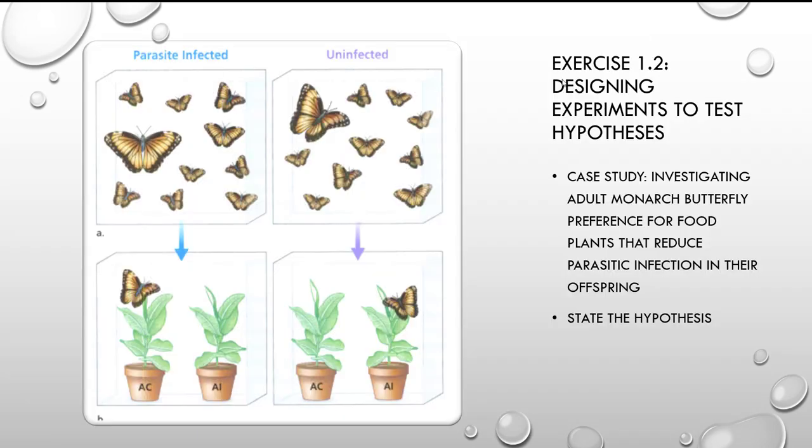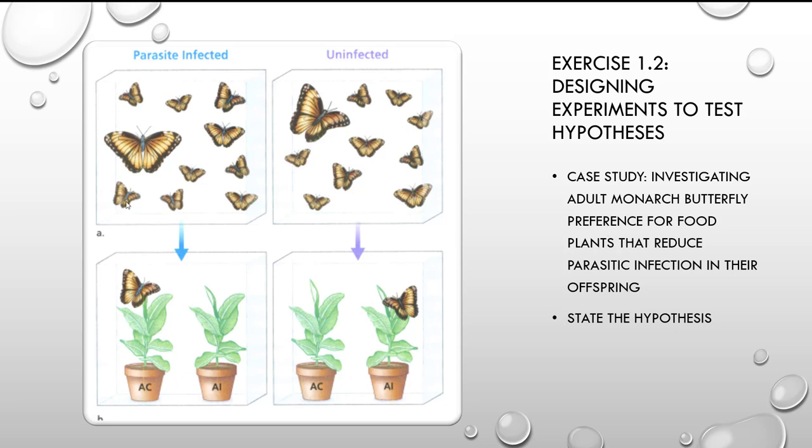In exercise 1.2, you're going to be looking at an experiment, a particular case study investigating adult monarch butterflies. In this case, you're going to try to figure out if they have a preference for food plants that reduce parasitic infection in their offspring.